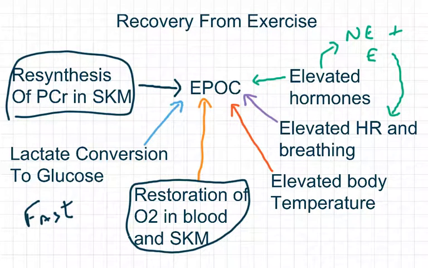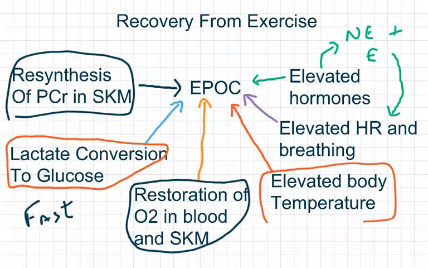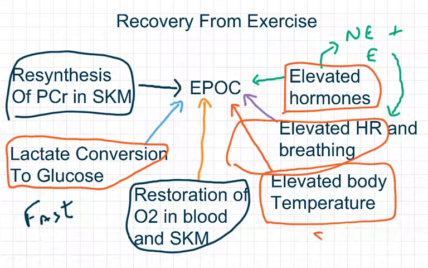Now, if we look at lactate conversion to glucose, again, we said that was the most important factor. Elevated body temp, elevated heart rate and breathing, and elevated hormones. These all deal with the slow component of EPOC. Hopefully this helps keep EPOC straight and the different components and factors that affect it.